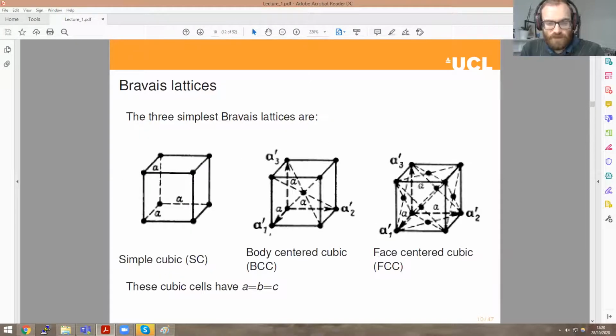But these are the three simplest ones, the structures that come up a lot of the time, where you have either something like a simple cubic arrangement, something like a body-centered cubic system where there's an extra atom in the middle of the cube, or something like a face-centered structure where there are atoms on each of the surfaces. So it's quite normal to use these three simple crystal structures, because these Bravais lattices become crystal structures if you just add one atom at each lattice point.